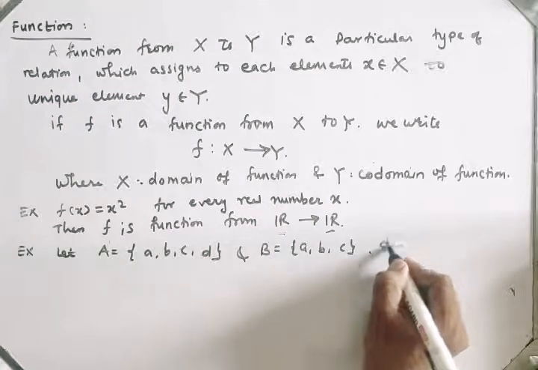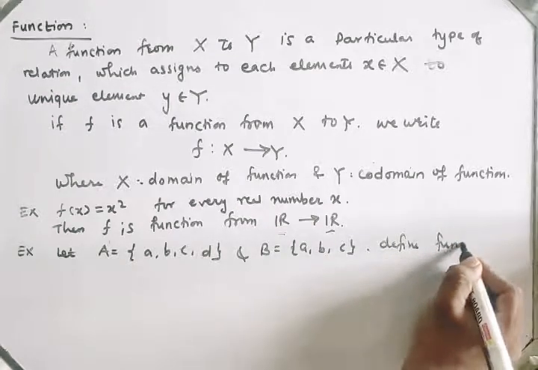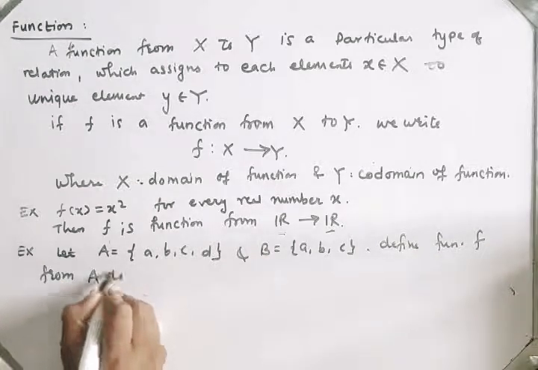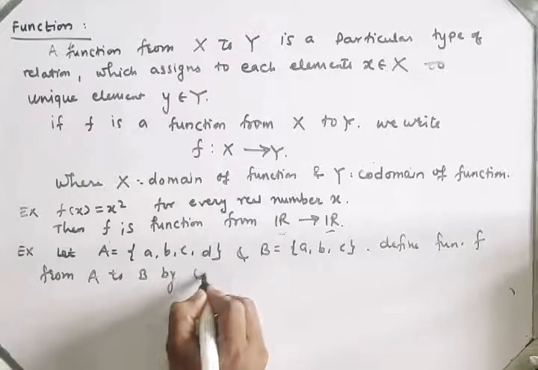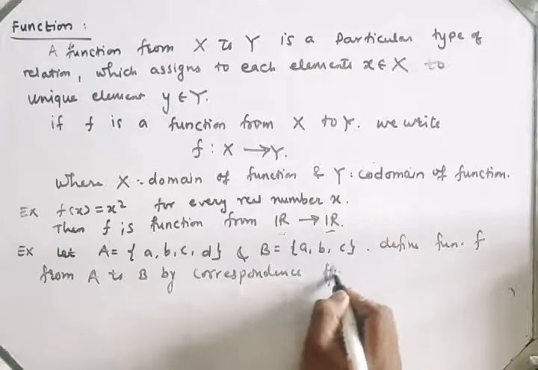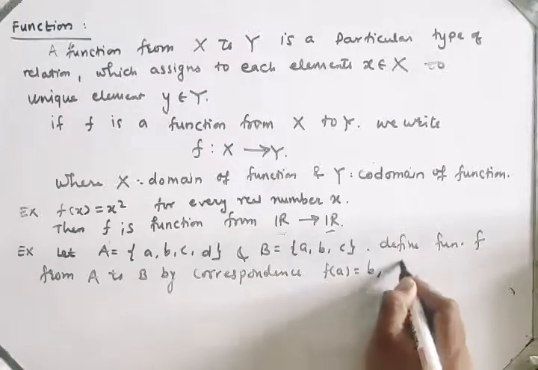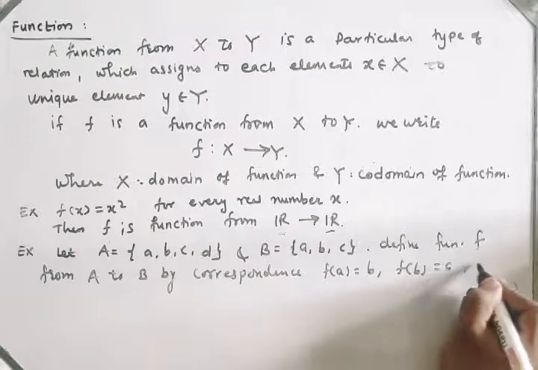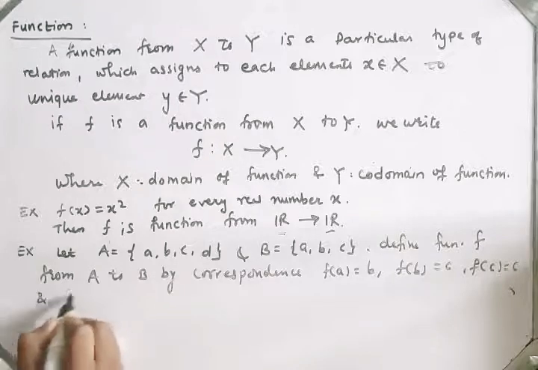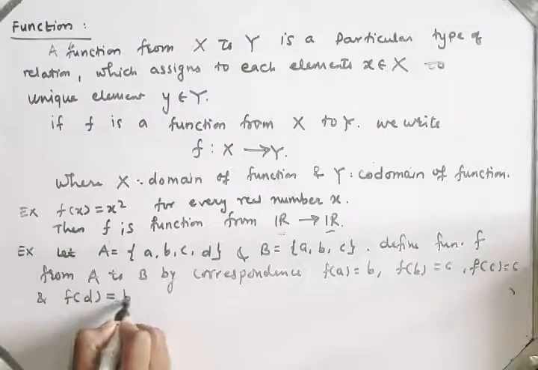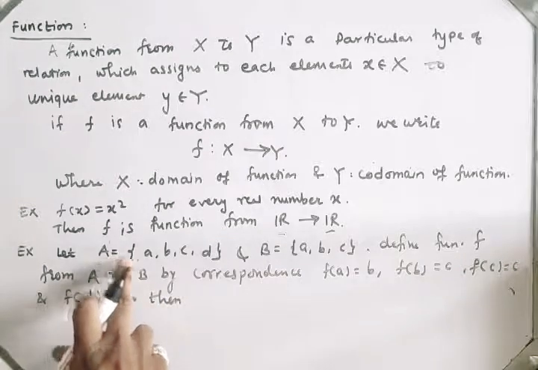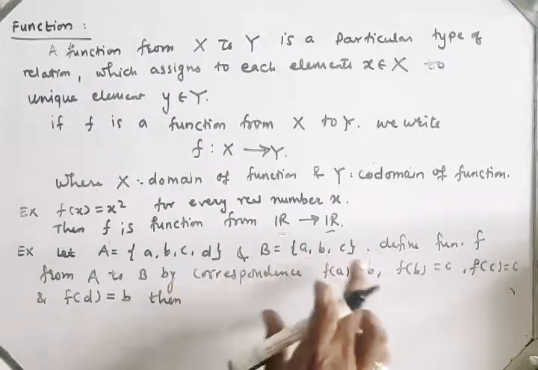Define a function f from capital A to B by the correspondence f of a is equal to b, f of b is equal to c, f of c is equal to c, and f of d is equal to b. So here set A has elements a, b, c, d, and set B has a, b, c.